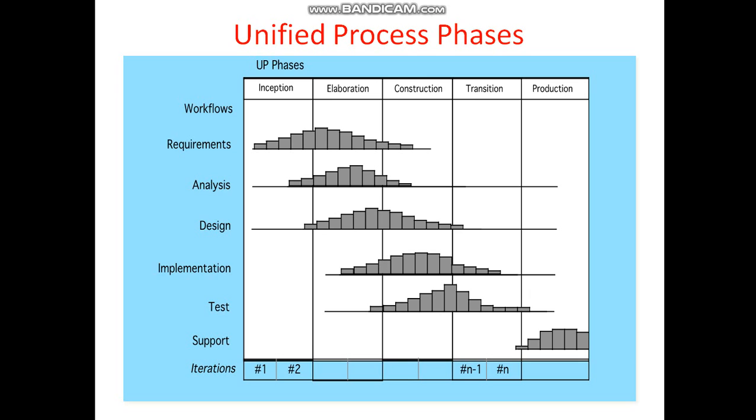The unified phases are there, and these are the workflows: requirement, analysis, design, implementation, test and support. The y-axis is the software development phases, and the unified process phases are inception, elaboration, construction, transition and production.